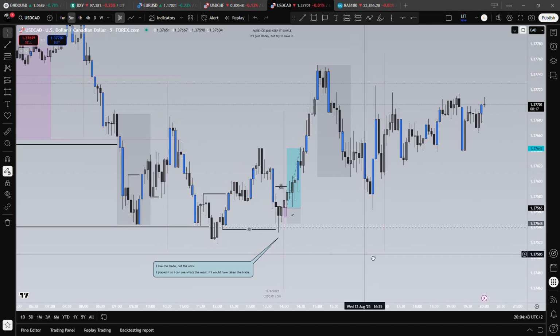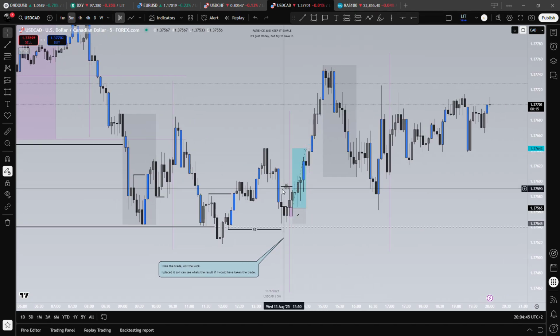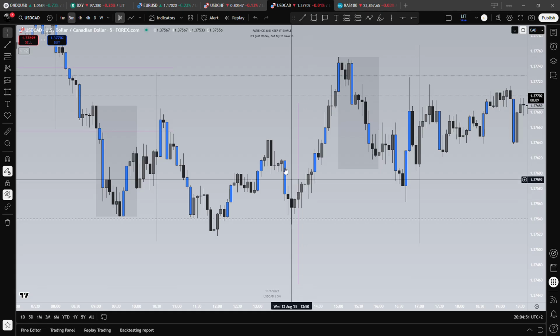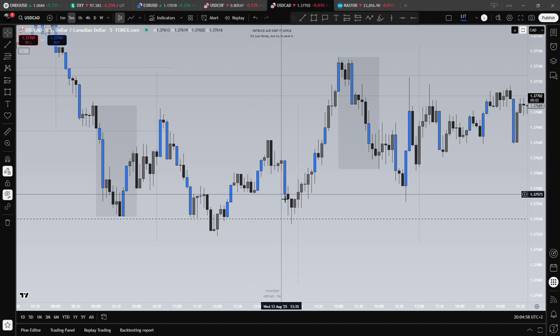I would have taken the trade, probably yes, because as I explained, on M1 you're just confirming, and TP. Okay, so you would say why break even 50% here. I'm gonna explain it right now.